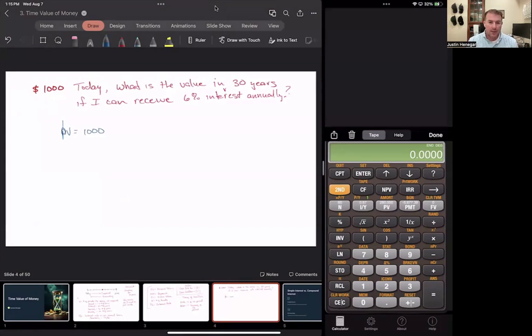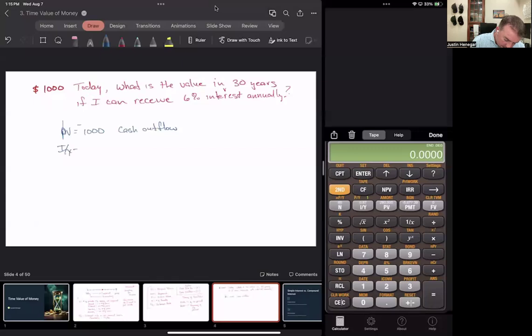Well, I have $1,000 in my pocket, and I want to invest that, and so the money is leaving me. Is that an inflow or an outflow? That is going to be an outflow. So that's going to be a negative $1,000. This is a cash outflow.